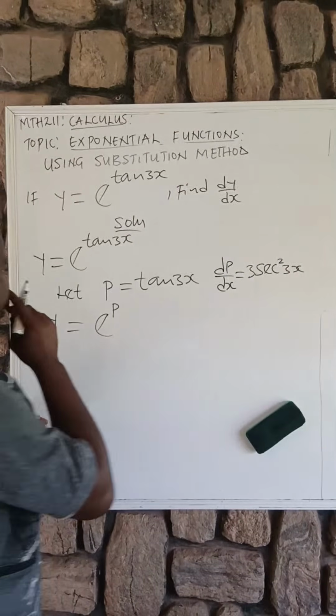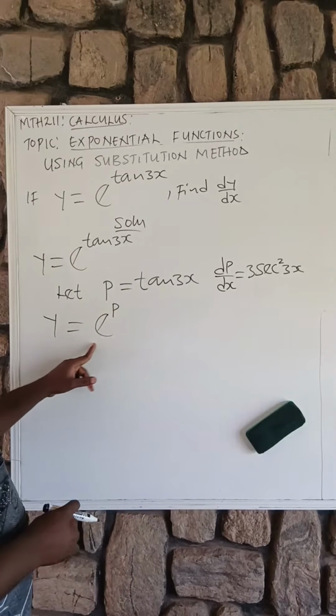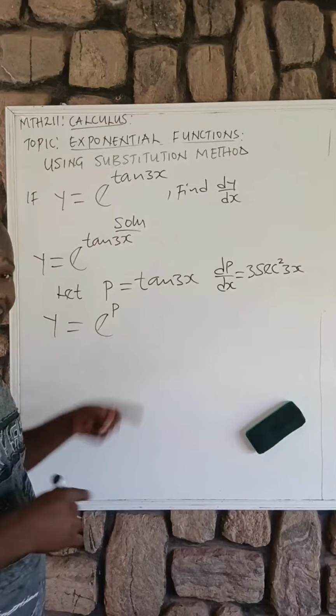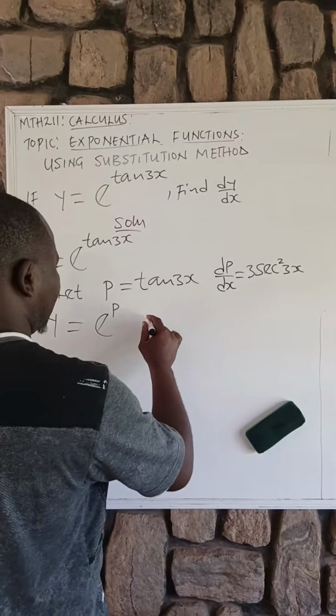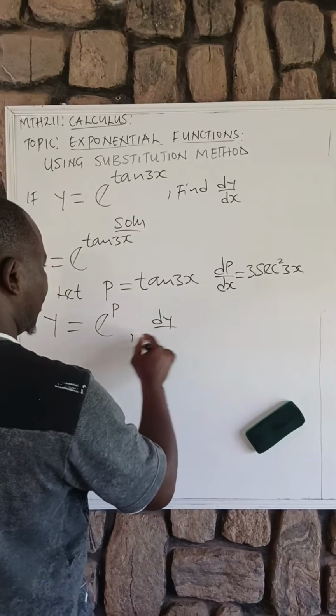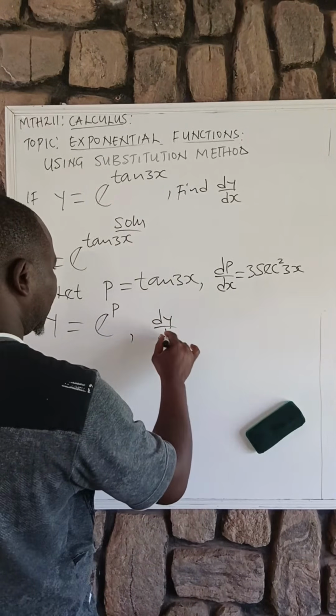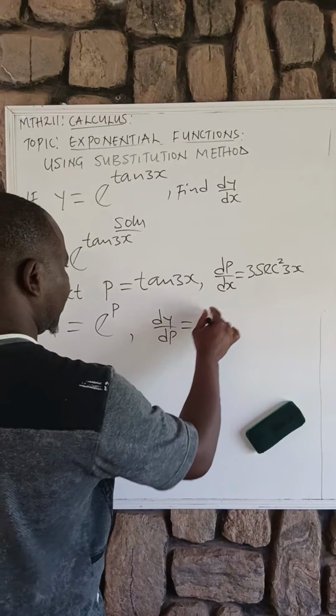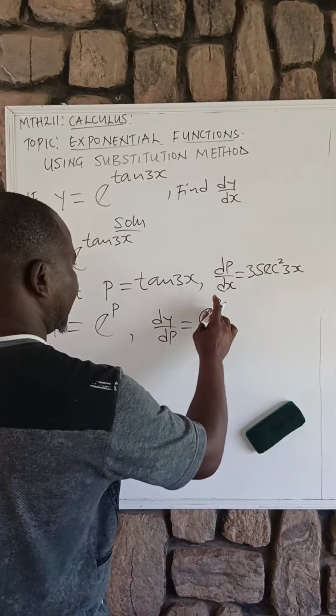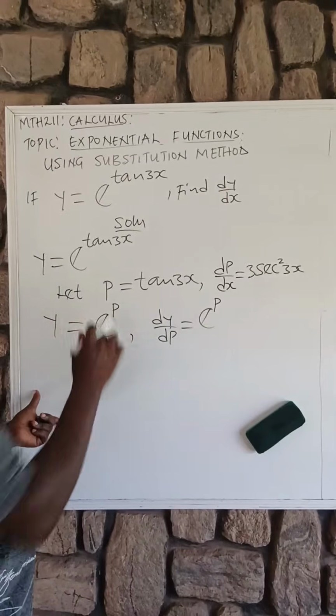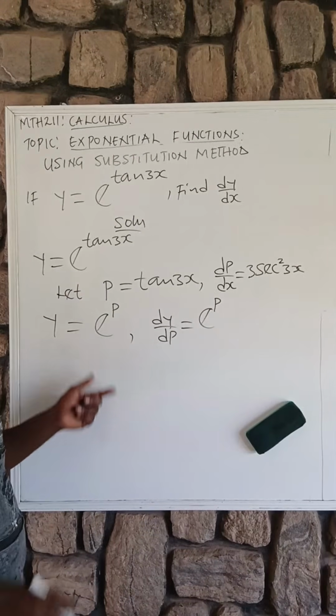True or false? It's true. Then when we differentiate y equals exponential p, dy over dp is going to give us exponential p again, because the derivative of p is 1, which multiplies back the exponential.